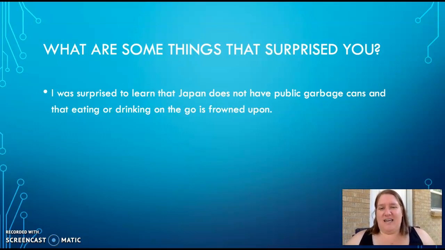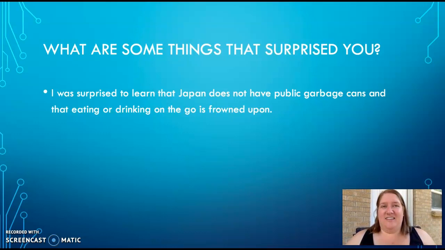So that was surprising. Another thing that was surprising to me was to learn that in Japan, public garbage cans are not something that they have. So whatever you eat or drink or take with you, you will hold on to that trash for the entire day until you reach your hotel or your home to throw it away.